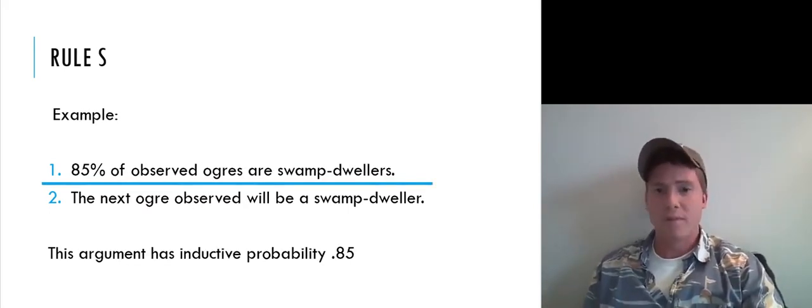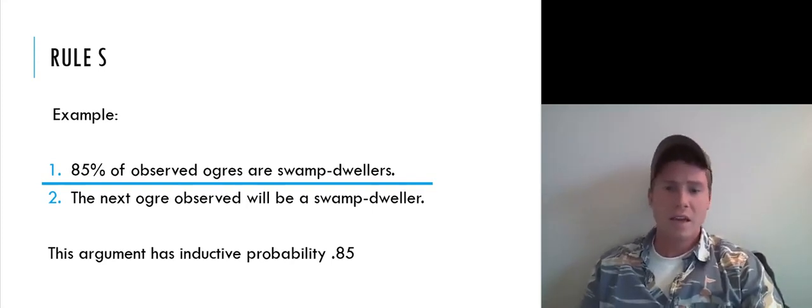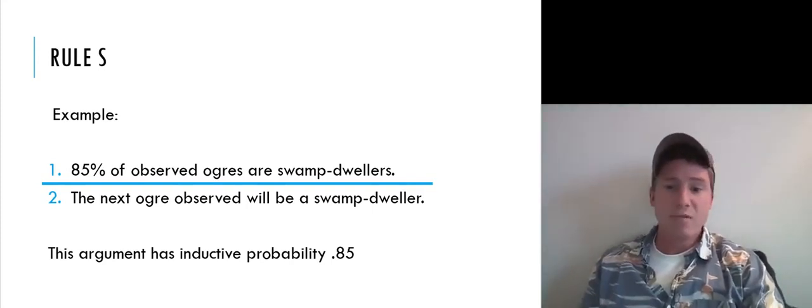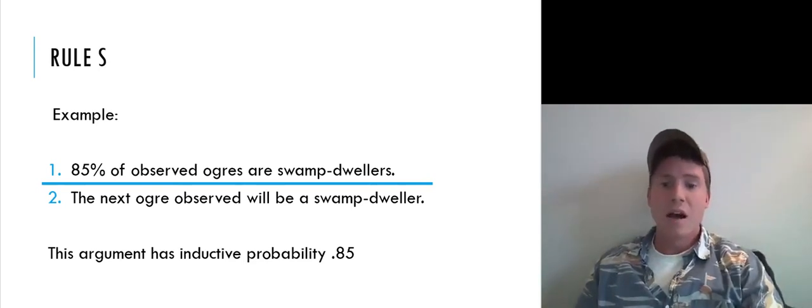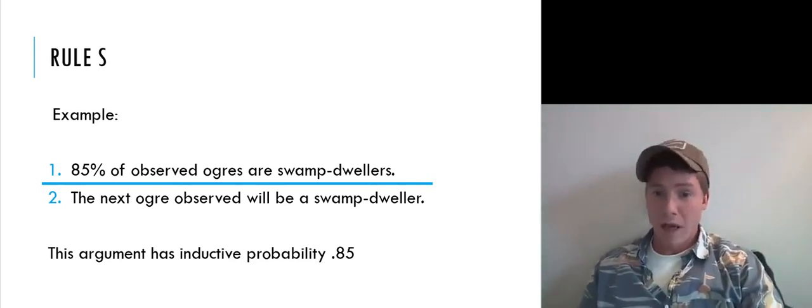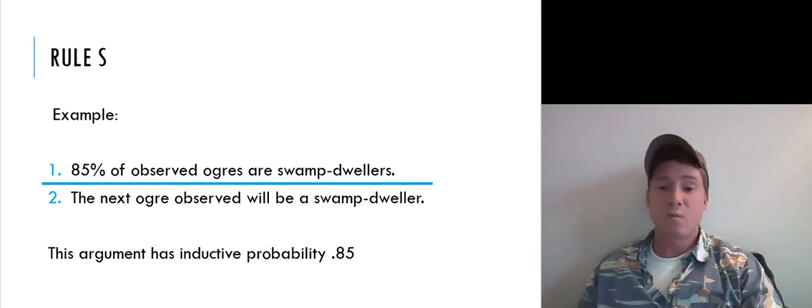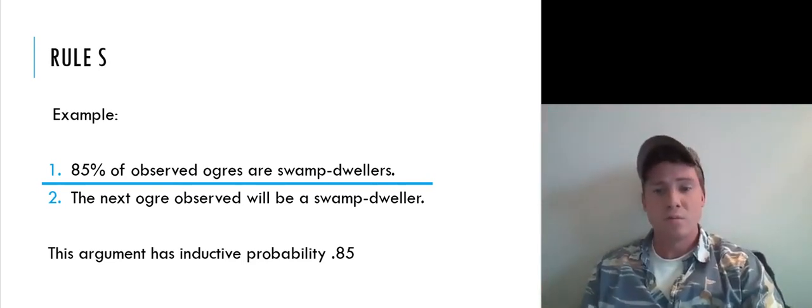So here's an example of an argument where we could apply this. We might have a premise that 85% of observed ogres are swamp dwellers. They live in the swamp. Therefore, the next ogre we observe will be a swamp dweller. This argument, by rule S, would be assigned inductive probability 0.85. So rule S gives us a way of assigning inductive probabilities to arguments that take on this form.